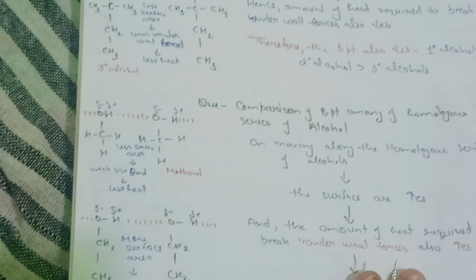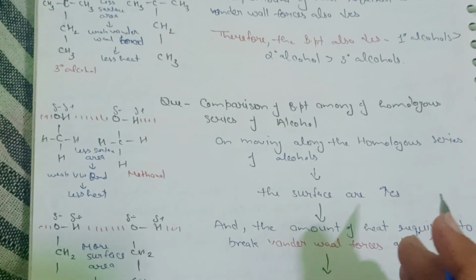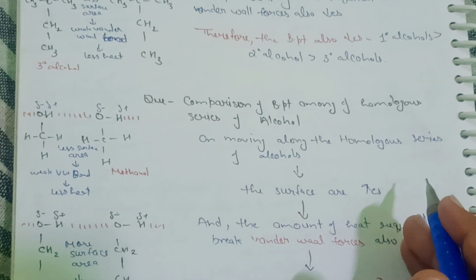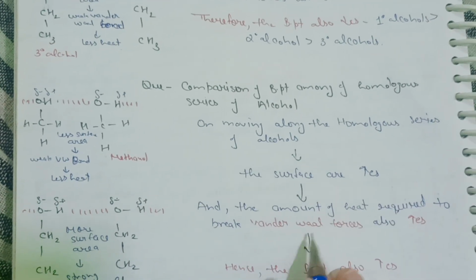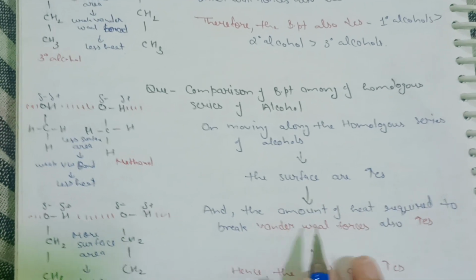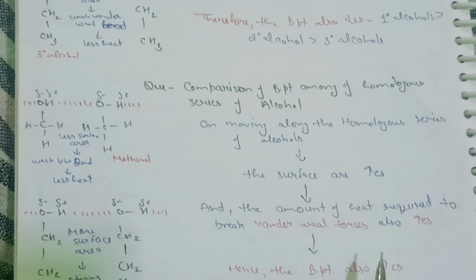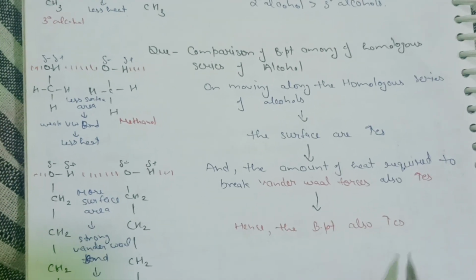Comparison among the homologous series of alcohols. On moving along the homologous series of alcohols, the surface area increases and the amount of heat required to break the van der Waals force also increases. Hence the boiling point also increases.